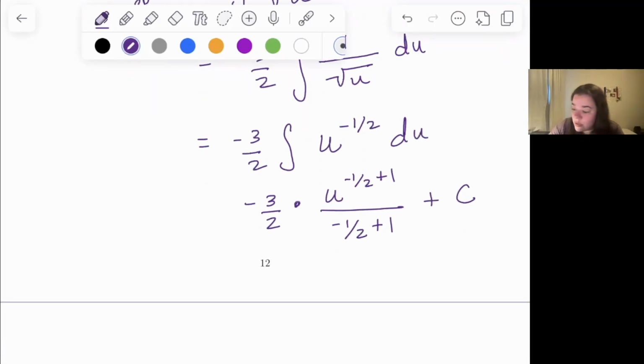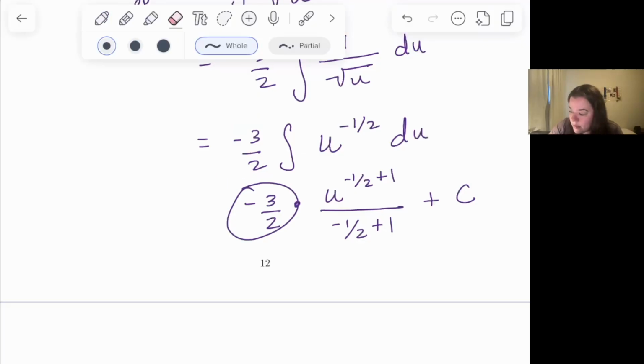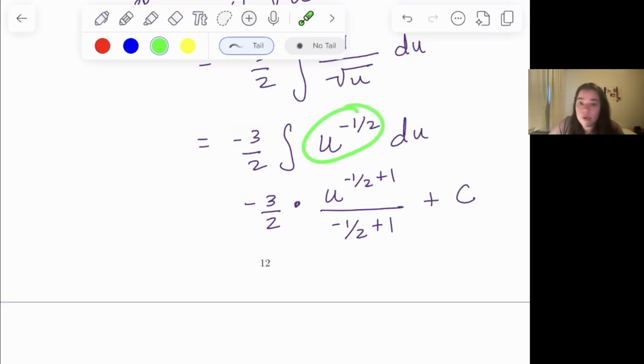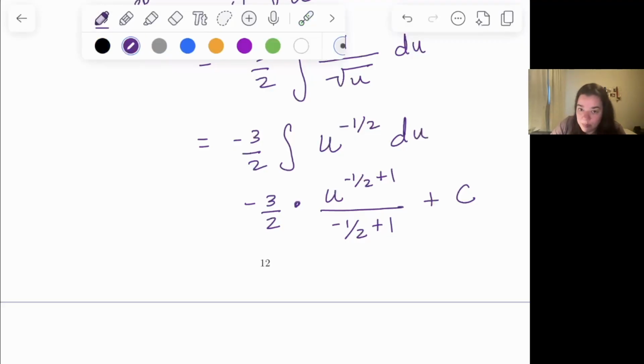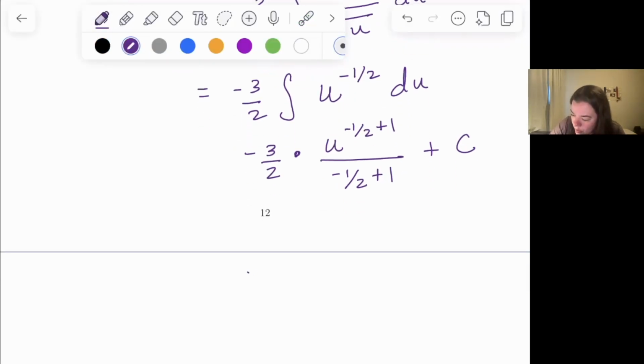So all I did was, right, my constant came with me, and then I did the power rule on u to the negative 1/2. I'm going to clean this up just so we have it. This was negative 3/2 times u to the 1/2 divided by 1/2 plus c. Just for practice, I'm going to keep cleaning.